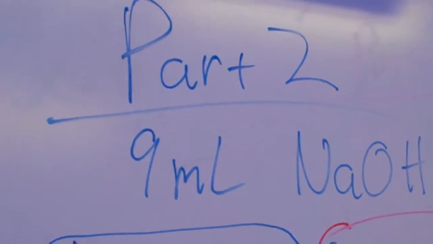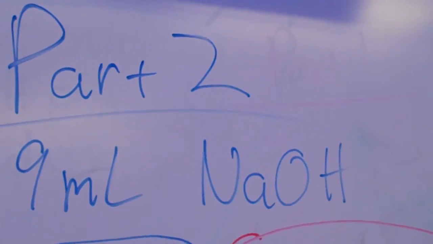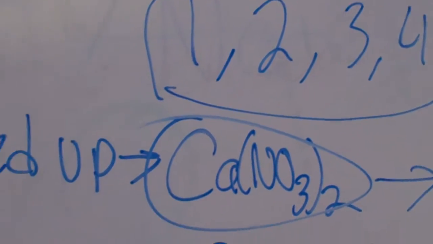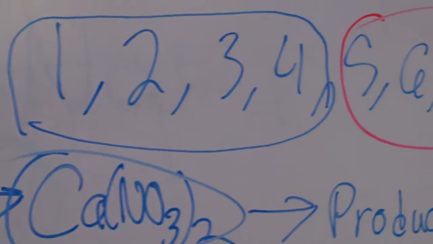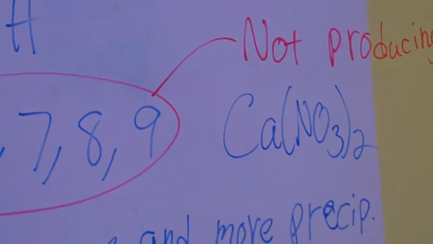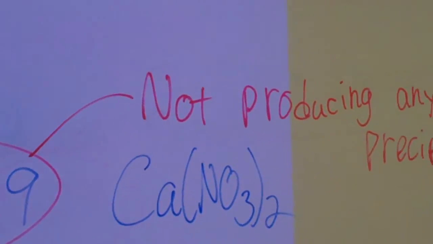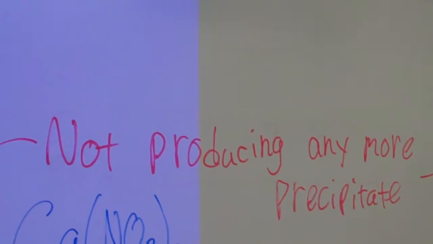In part 2, 9 milliliters of NaOH was added to each test tube. In 1, 2, 3, and 4, we had more solid, while each time we were adding more calcium nitrate. So that was all used up. But in 5 through 9, we weren't producing any more precipitate than the previous one.